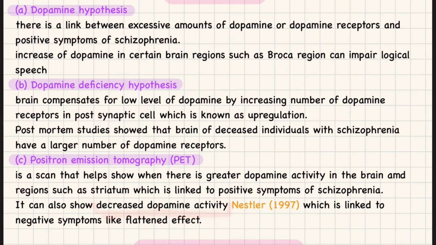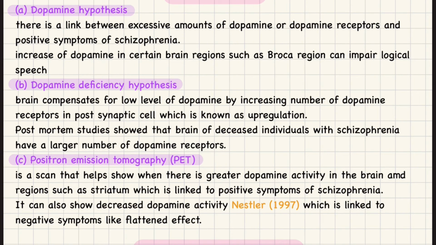And this was actually researched by Nestler, again an example study, very short and brief, which is linked to negative symptoms such as flattened affect. Using this scan, Nestler identified that there was decreased dopamine activity, and this is linked to negative symptoms such as flattened affect, meaning blunted emotional expression, which we learned again in the symptoms of schizophrenia.